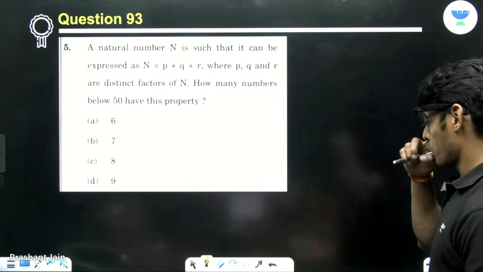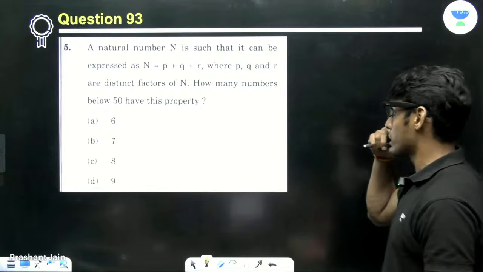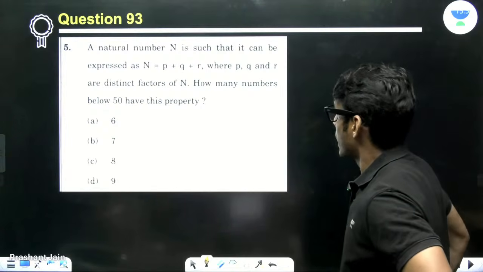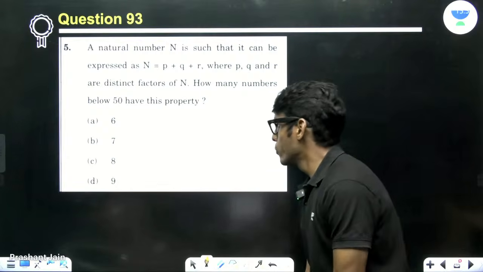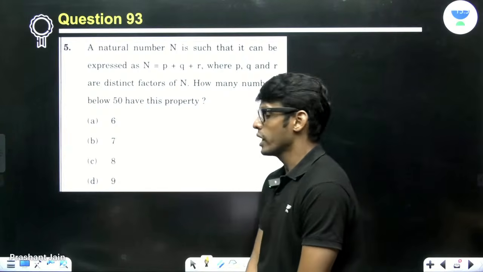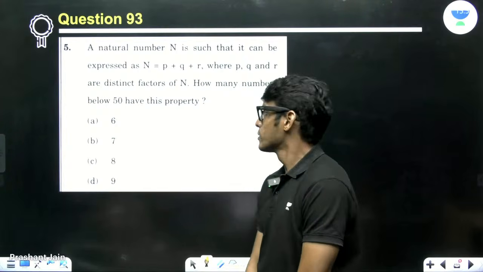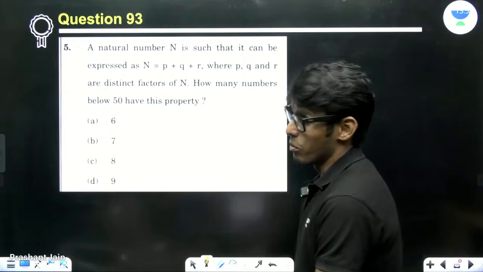Now, this problem. A natural number n is such that it can be expressed as the sum of three distinct factors of n. How many numbers below 50 have this property? Now, this is, in my opinion, a highly undoable problem.